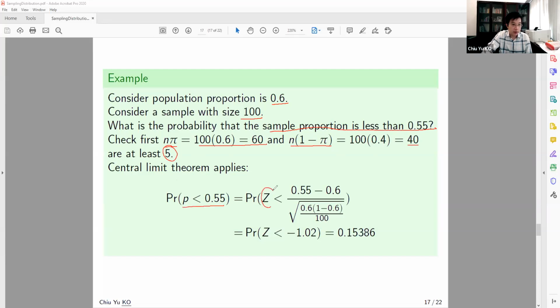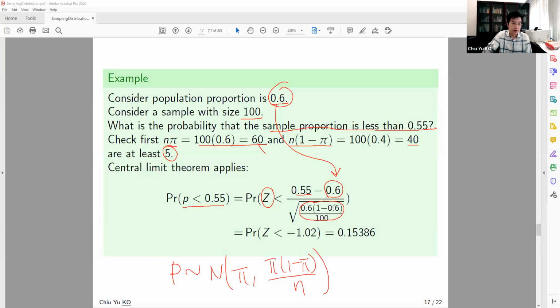You just convert to Z. This minus the mean, which is this sample proportion, because p will be normal, right? Pi times 1 minus pi over n is the variance, right?